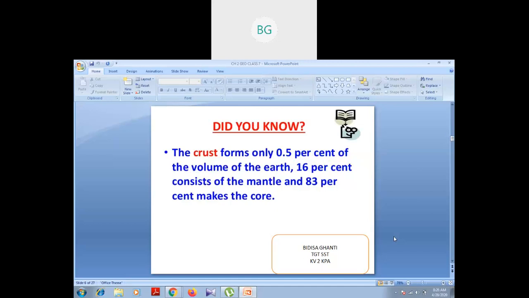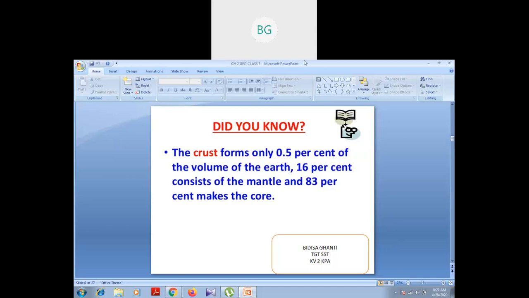That means if we convert the total volume of the Earth into 100%, only 0.5% of the total volume is shared by the crust, 16% of the volume of the Earth is shared by the mantle, and 83% by the core.